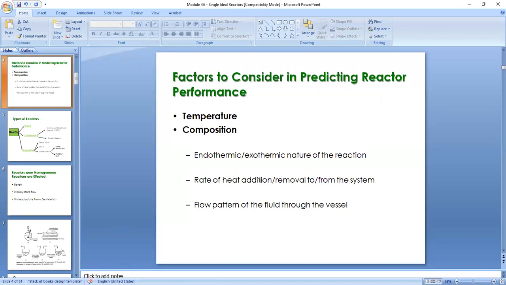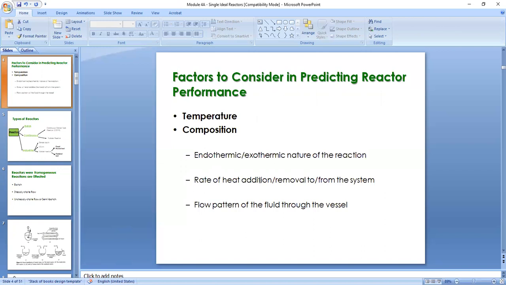These two speak of the performance of your reactor. There are two factors that are very important, governing how well your reactor will perform a particular duty that it is to perform.